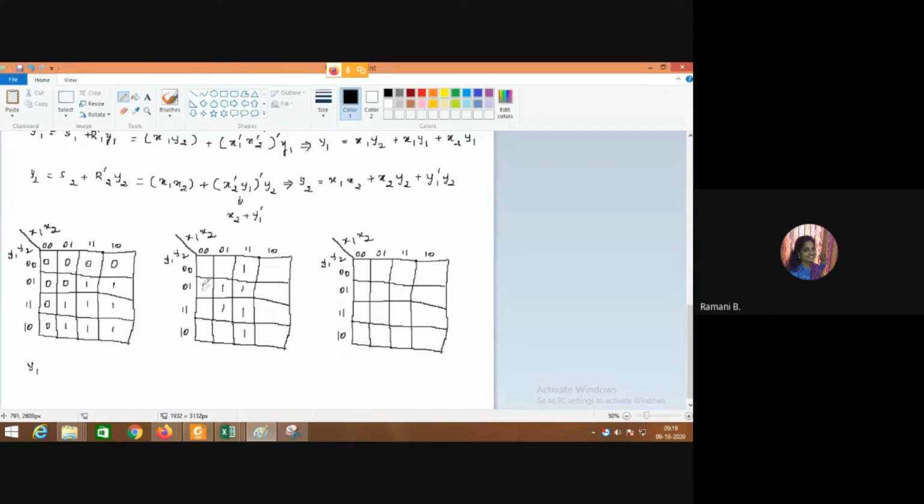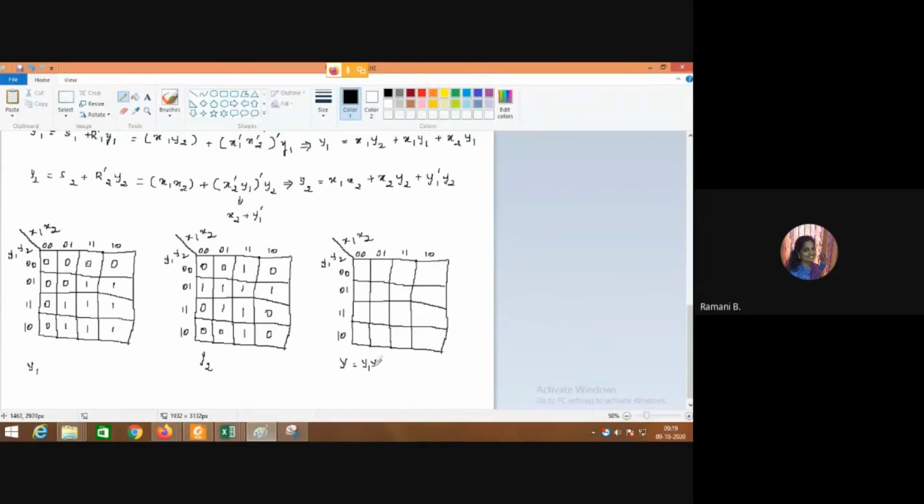So this particular row. All other places we have 0. Okay, so this is the map for y2.